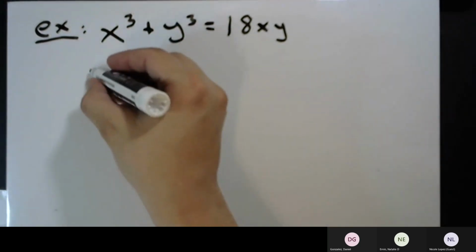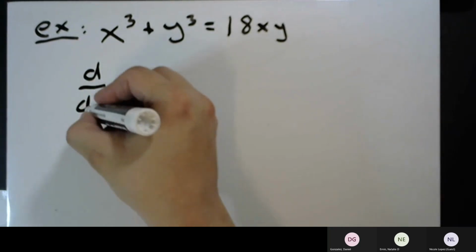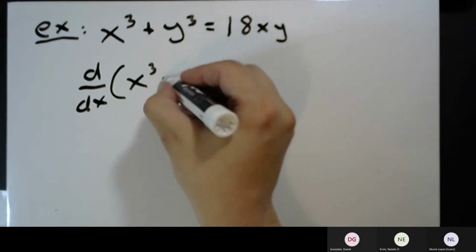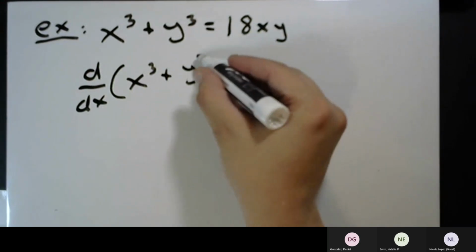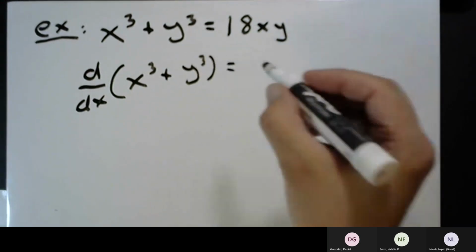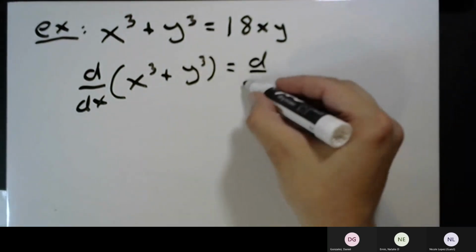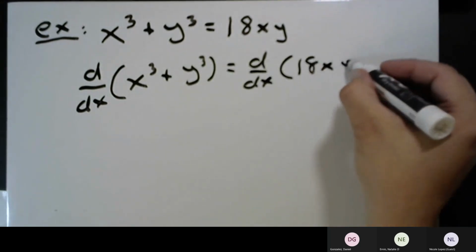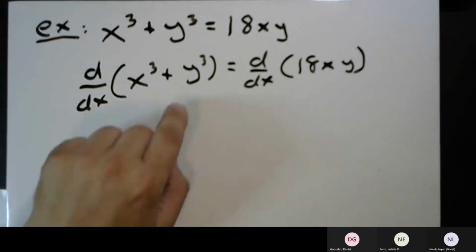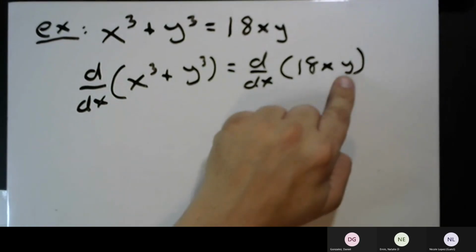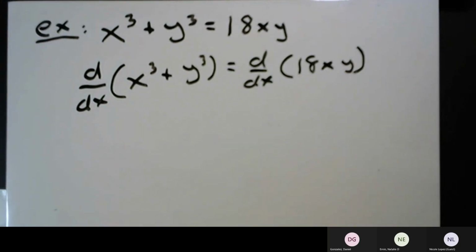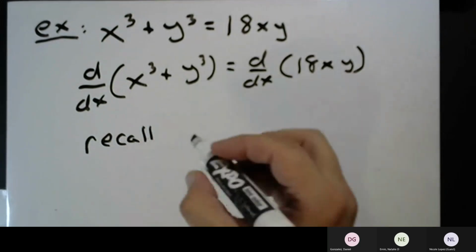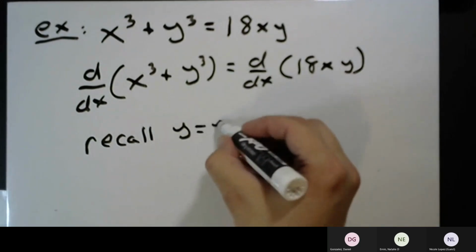So again, we're going to do the same thing. Take d/dx on both sides. Now, the trick to this is we know that y is a function of x. So we're going to recall that y is a function of x.